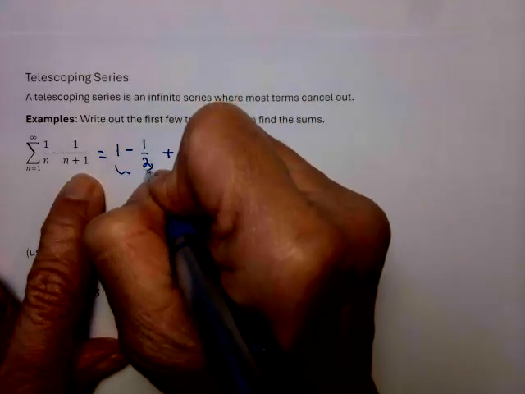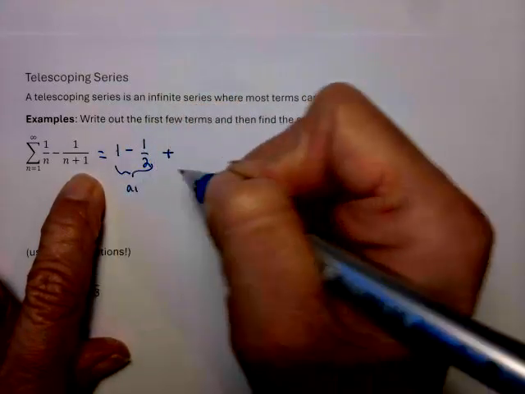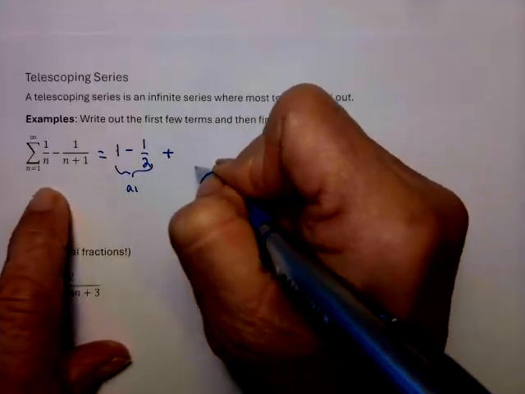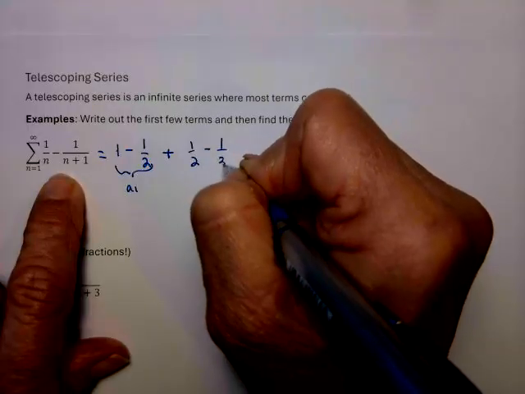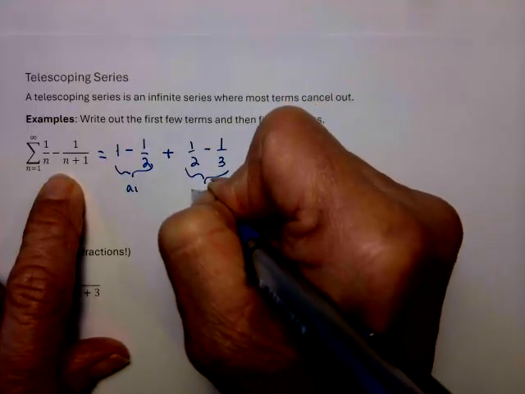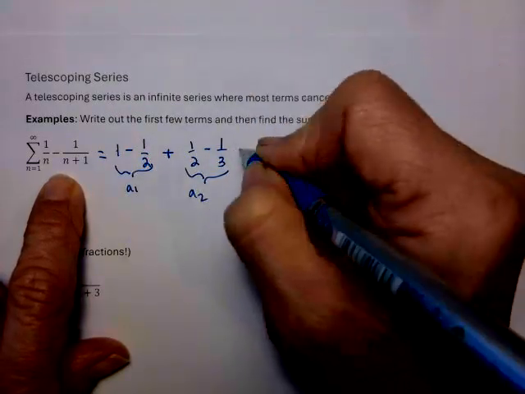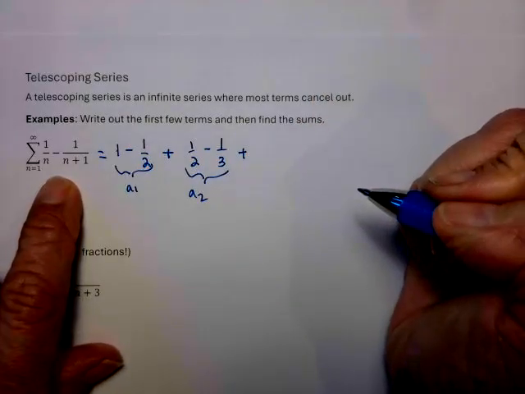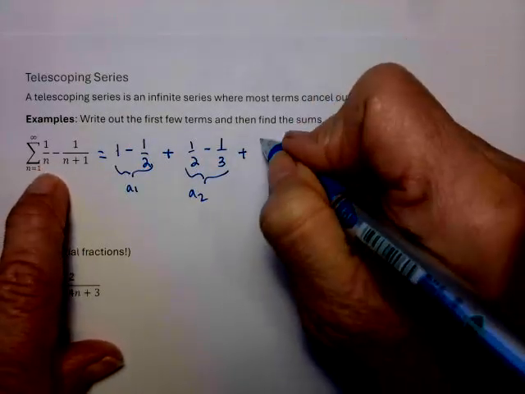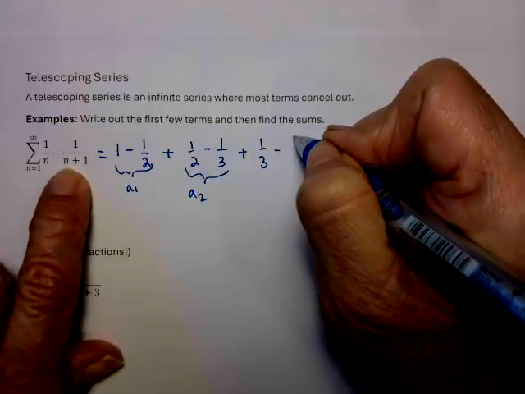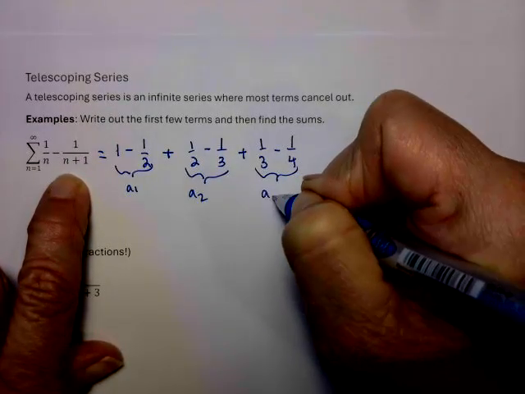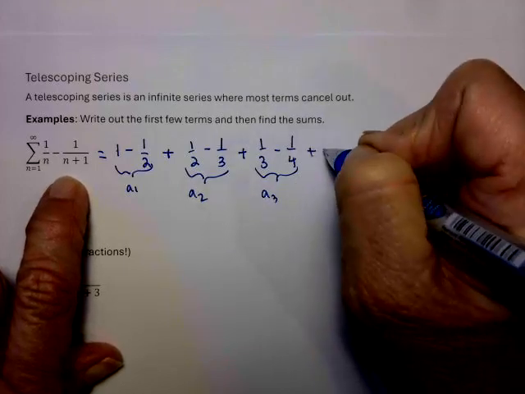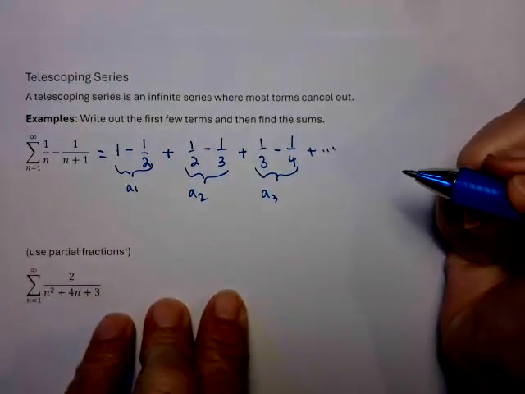So all of that is a sub 1. A sub 2: 1/2 minus 1/3 plus. N equals 3: 1/3 minus 1/4 plus dot dot dot. Do you see what's happening there?